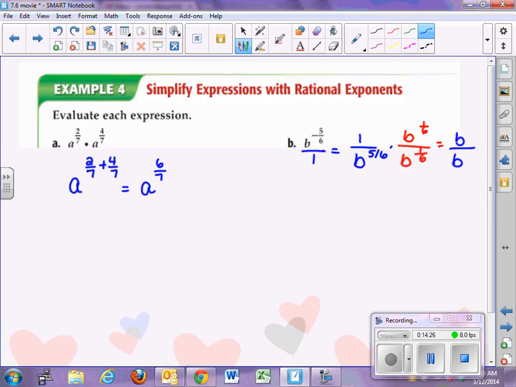On the top, I have b to the 1/6. So this is considered the final answer. Again, this was not good because it was the 6th root of b to the 5th. And since I could not eliminate the radical, I had to multiply it by another b to the 1/6 to give me b to the 6/6, which is b to the 1.